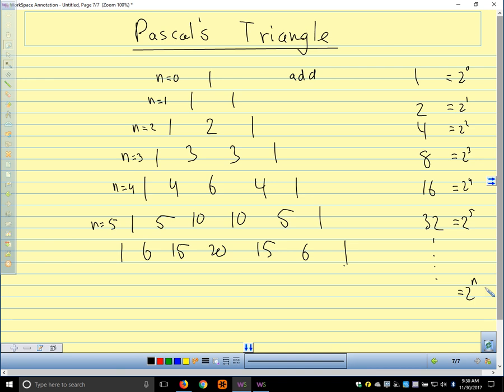The Fibonacci sequence is also in Pascal's triangle.